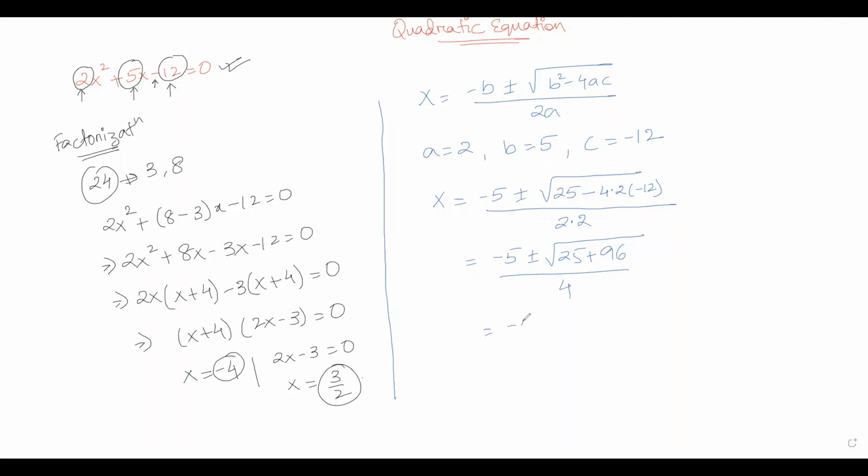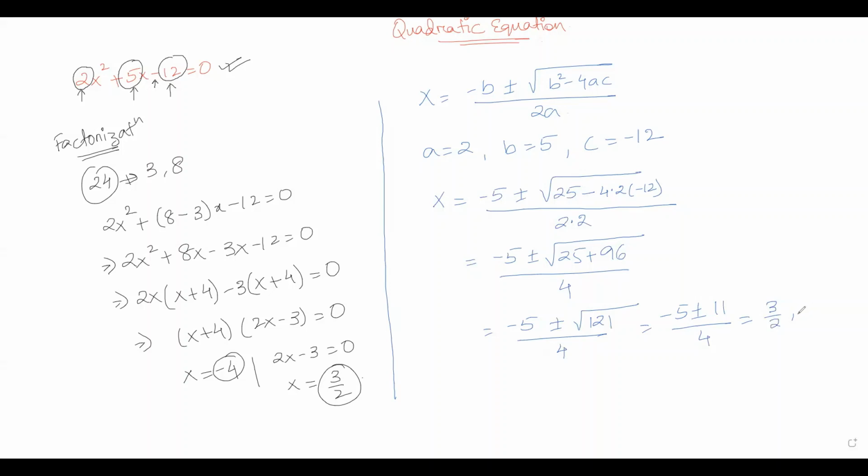So this would be minus 5 plus minus under root of 25 plus 96 would be giving us 121, and this is divided by 4. So this would be minus 5 plus minus under root of 121 would be 11, upon 4. So this would be minus 5 plus 11 upon 4. So that would be 6 by 4, which would be 3 by 2.